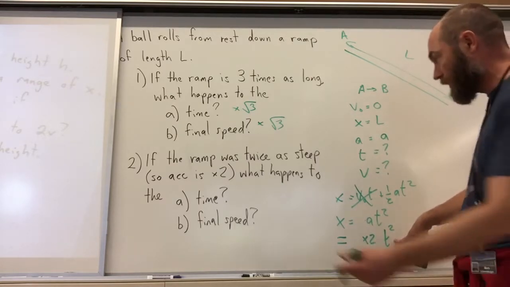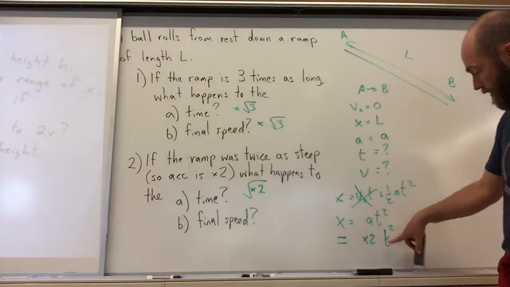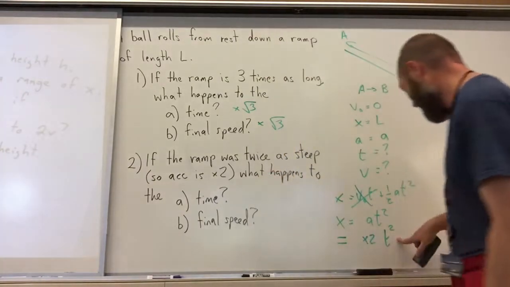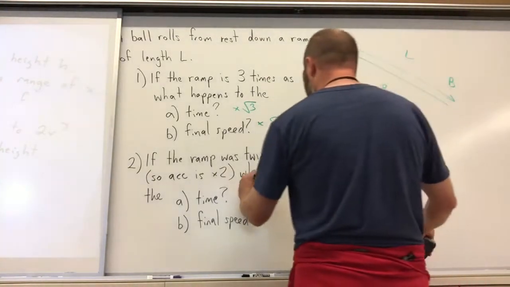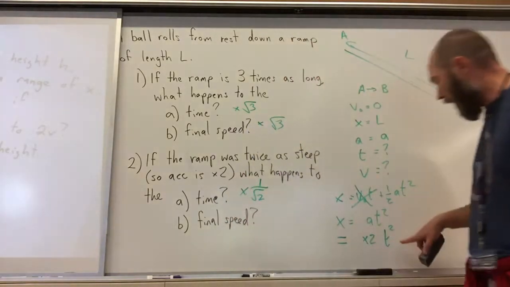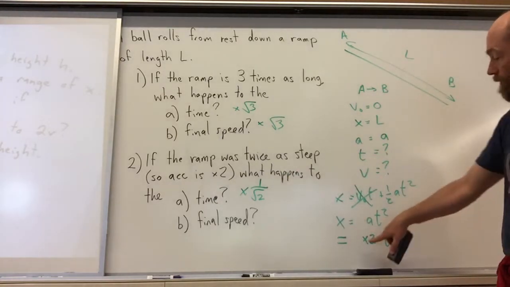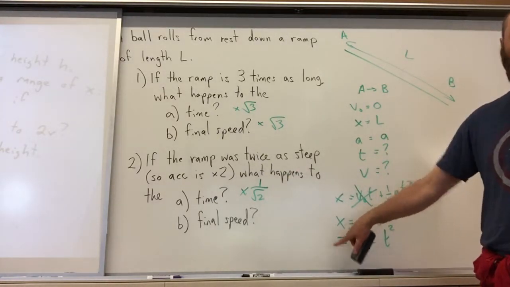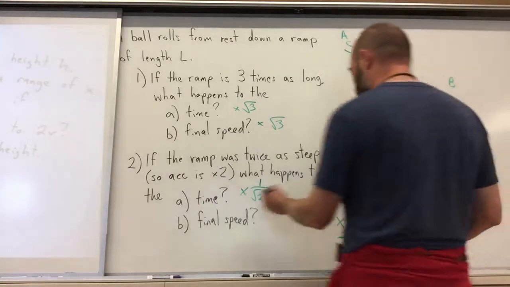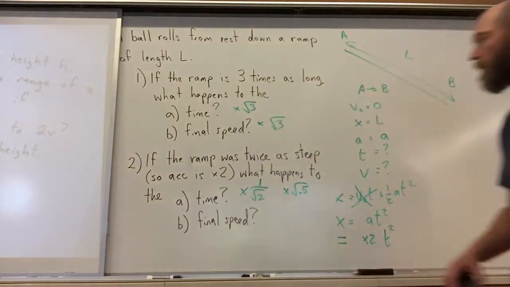Well, that would have to be times the square root of 2. No, not the square root of 2, because squaring that would give times 2 again. I want 1 divided by the square root of 2 times bigger, because if I square that, I get a half. A half times 2 is 1, so I get the same length. You could also say it's times the square root of 1/2.